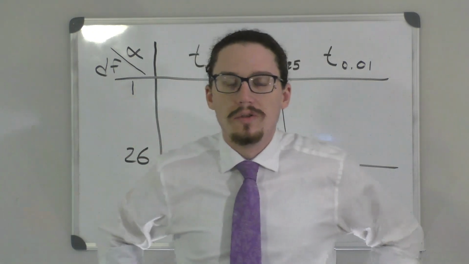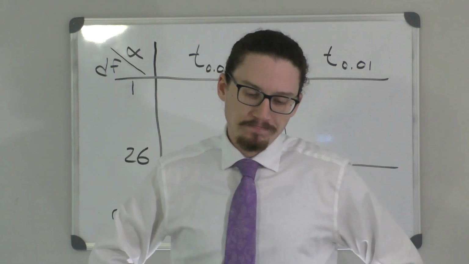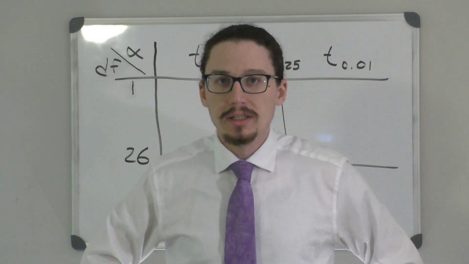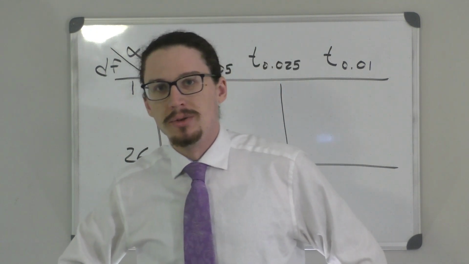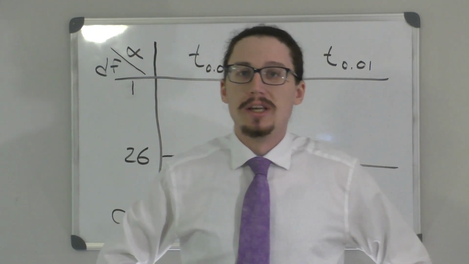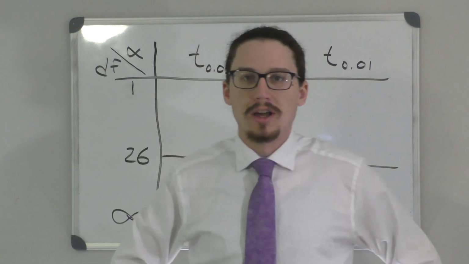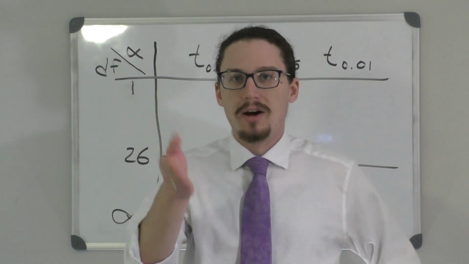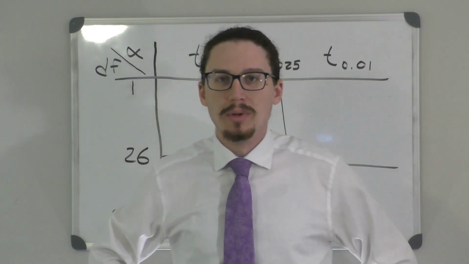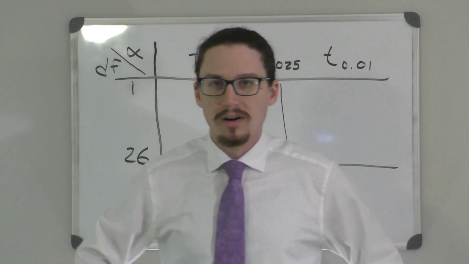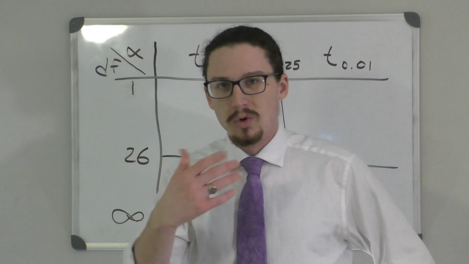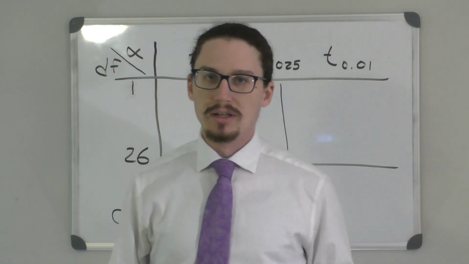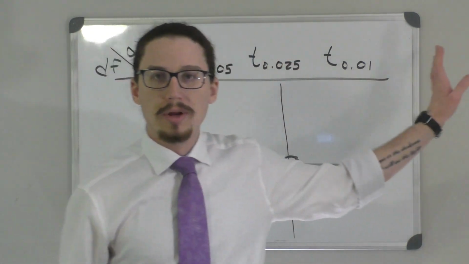So instead of having to go and look in our z distribution chart, look through all of those probabilities to try to find the correct one, and then when we get to, say, the 90% or 99% and we're doing a confidence interval, having to try to figure out what the value should actually be because the probability isn't on there, instead, we can just come to our t distribution.